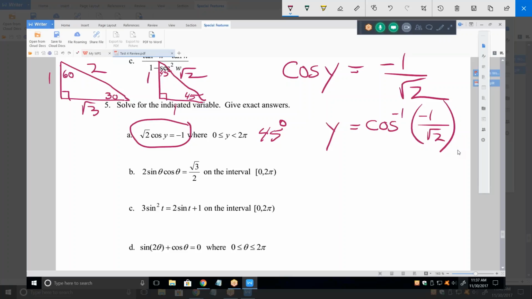What is the equivalent angle to 45 degrees only in the second quadrant? 135. What is the equivalent to 45 degrees only in the third quadrant? Third quadrant, it's got to be greater than 180. 225.